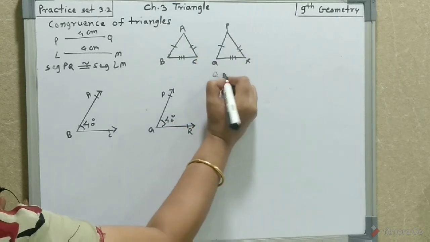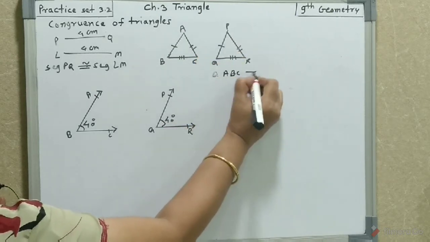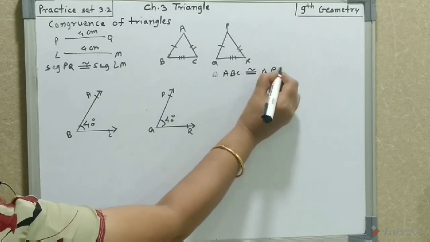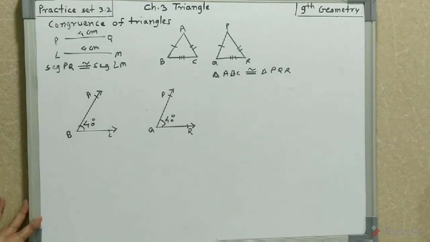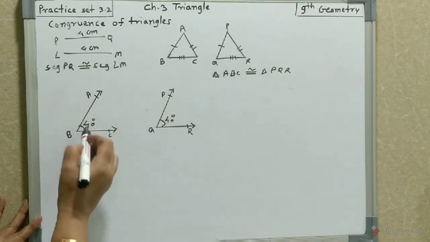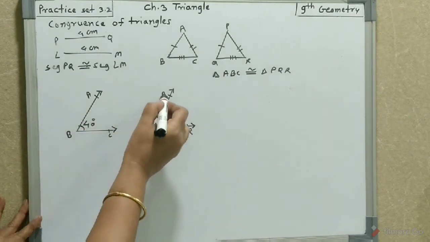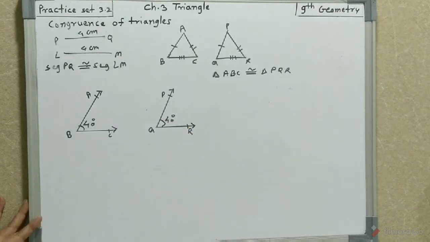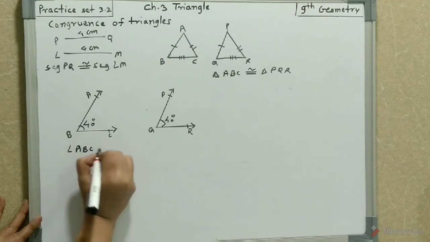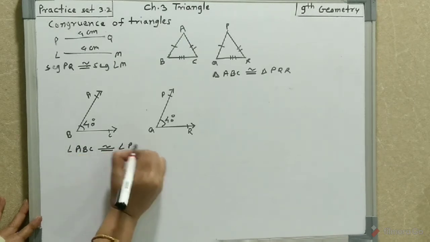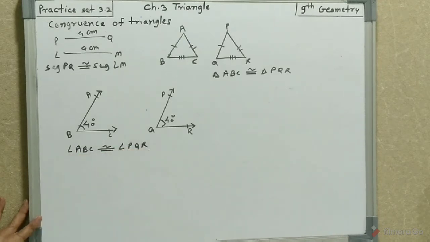So I write here triangle ABC congruent triangle PQR. Now you see here two angles given: angle ABC is 40 degrees and angle PQR is also 40 degrees. So angle ABC is congruent to angle PQR.